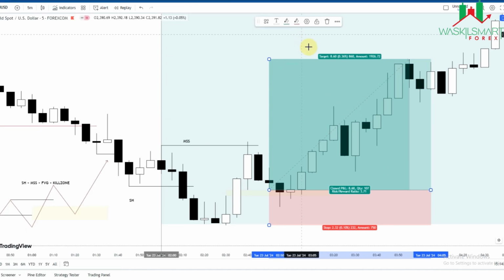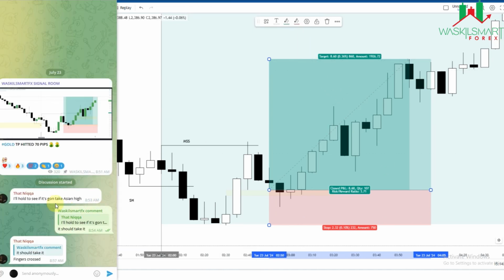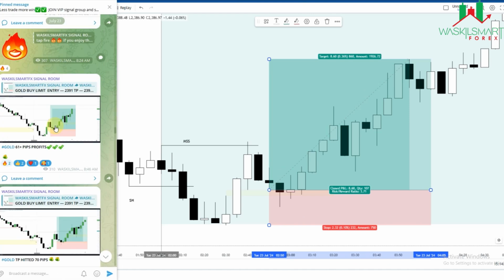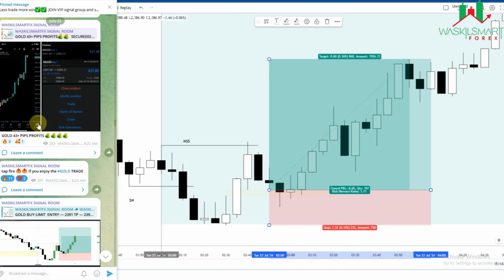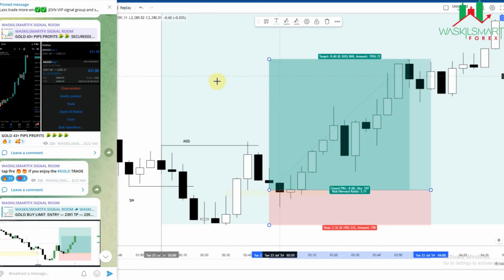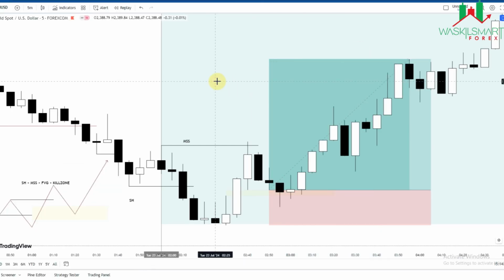You can even see somebody said, I would hold on to the Asian high, and I said yes, you should take it, because that is what I was expecting actually. But because I don't want to let people risk their money, I only want people to take profit from where they should be able to take profit. So this is just my word to fellow traders.